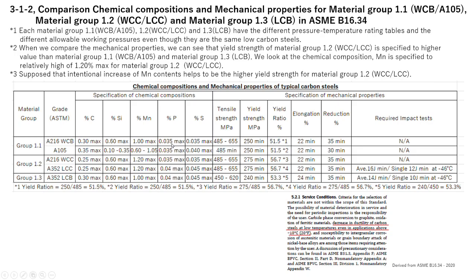The specified values are 0.035 and 0.040, so the specified content value is very small.